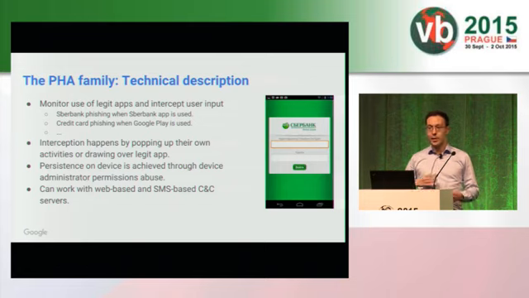And so they receive this broadcast message when they are about to be disabled, and then a malicious application can simply do something that intercepts that removal process. For example, they can just turn off the device screen. They can just pop up their own activity that basically stops the user's settings clicks and prevents the user from disabling the device administrator permissions.